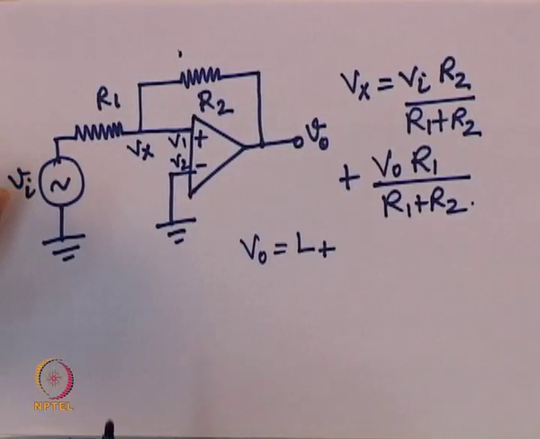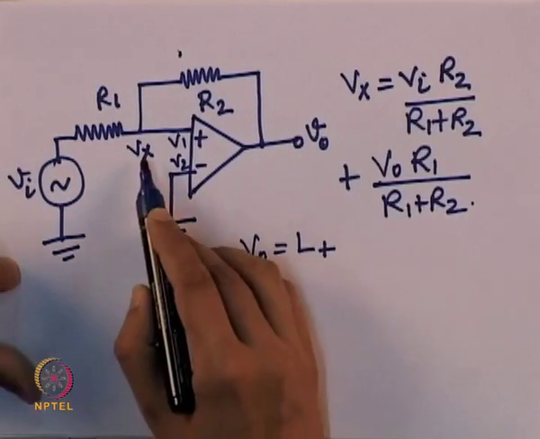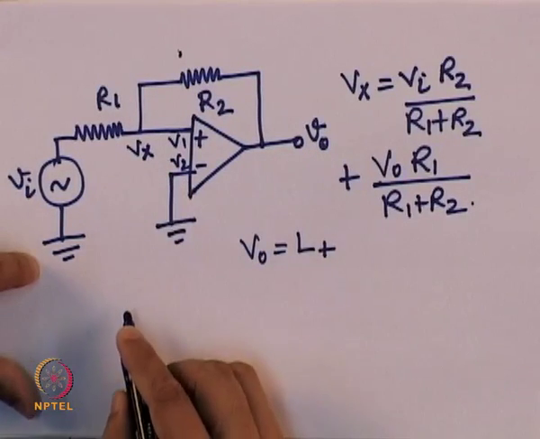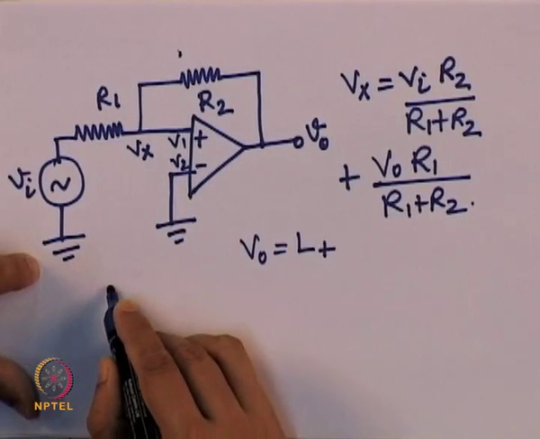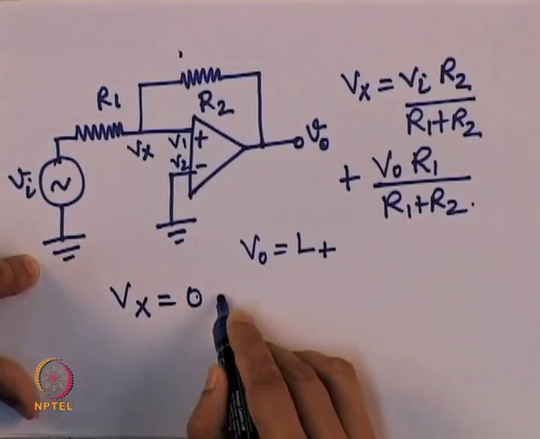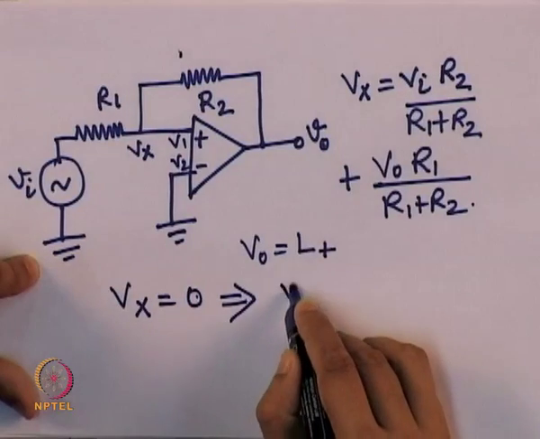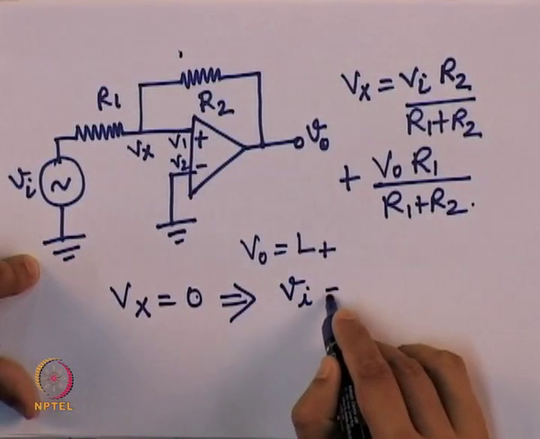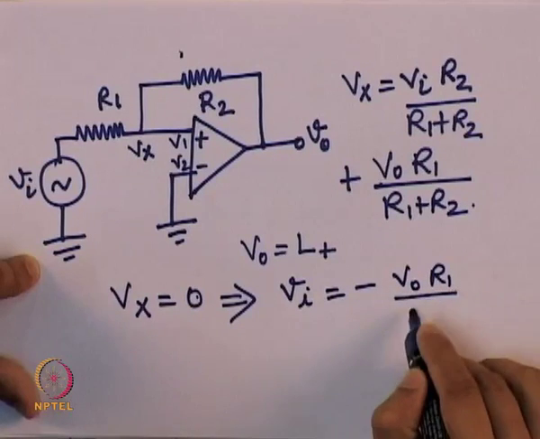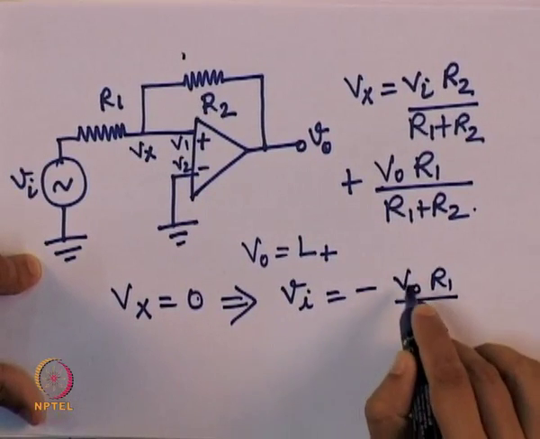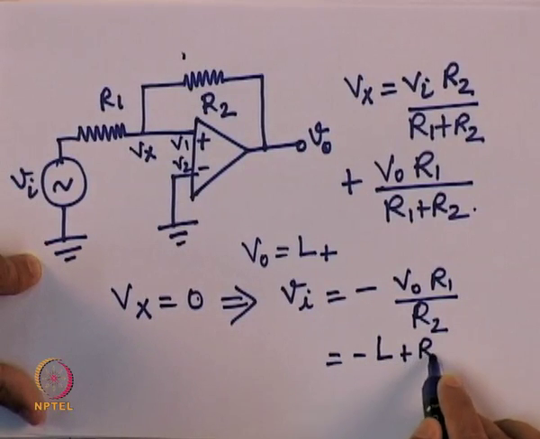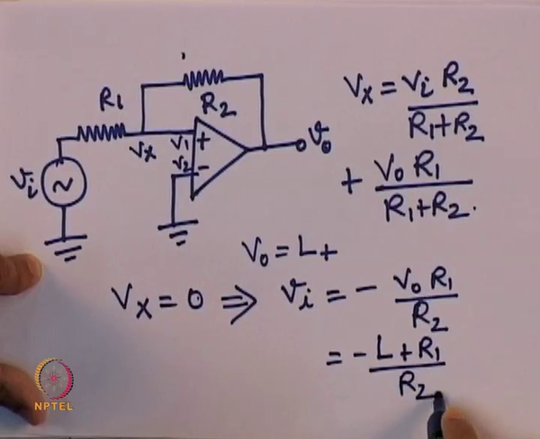So, what is that value of Vi for which Vx becomes lesser than the inverting input? That value is obtained by equating Vx equal to 0, and the value we get for Vi is Vi equal to minus V0 R1 upon R2, and since Vo is equal to L plus, this becomes minus L plus R1 upon R2.